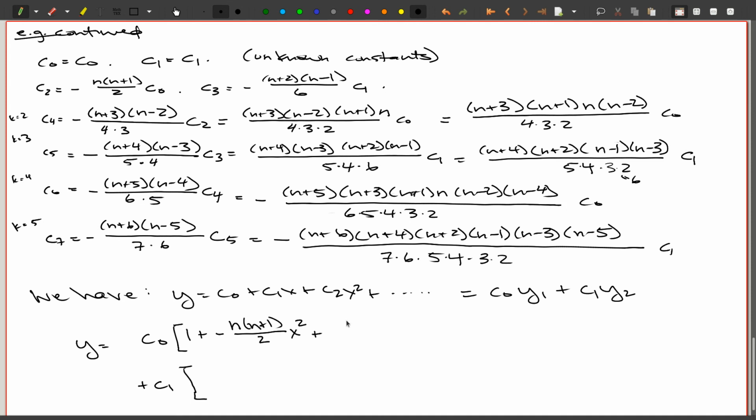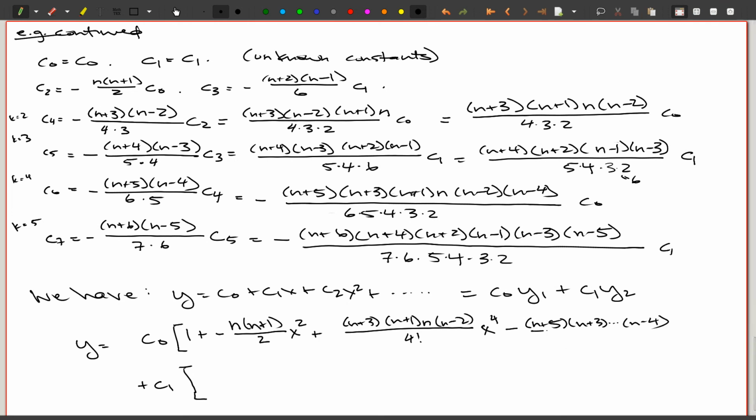That's going to give us our n plus 3 times n plus 1 times n times n minus 2 over 4 factorial. And then that's an x to the 4th type term. And then the next one will be minus, and that's going to give us our n plus 5, n plus 3, down through n minus 4 over 6 factorial times x to the 6th, so on and so forth.